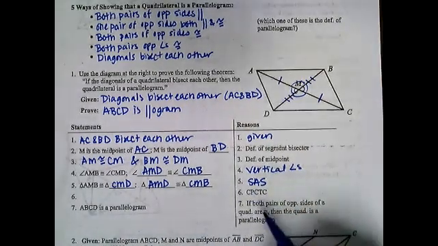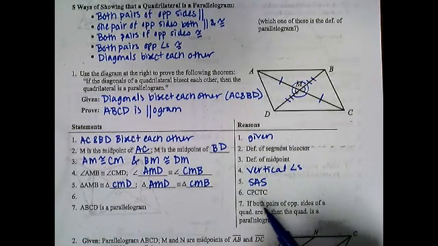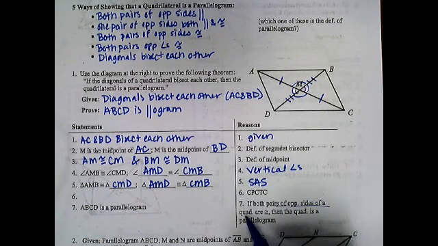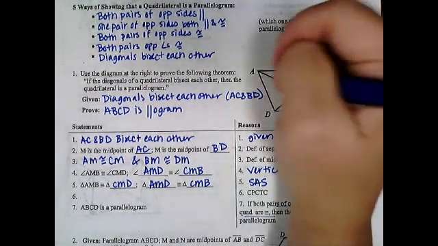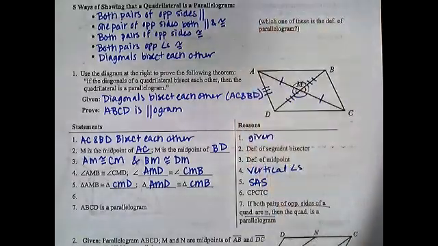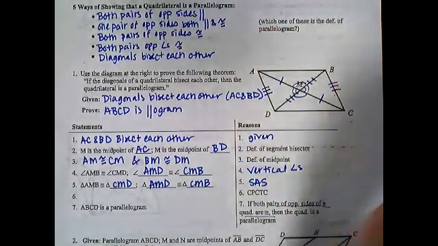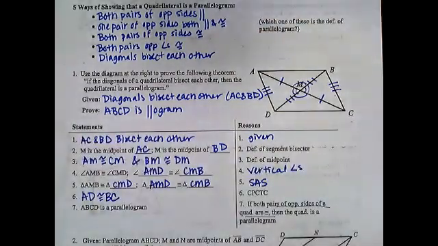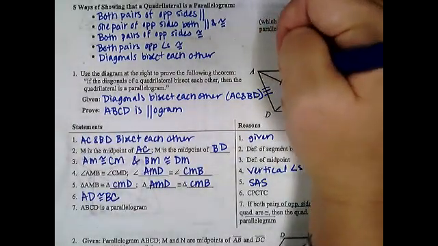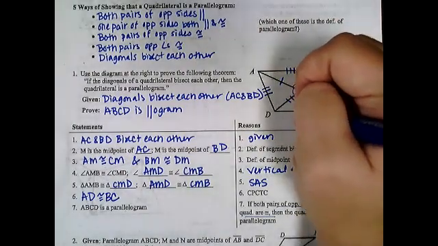this is a parallelogram. So looking at what's going on later, if both pairs of opposite sides of a quadrilateral are congruent, then the quadrilateral is a parallelogram. So we're using that both pairs of opposite sides are congruent. So using CPCTC, we're going to say AB is congruent to BC, and we're going to use AB is congruent to CD.